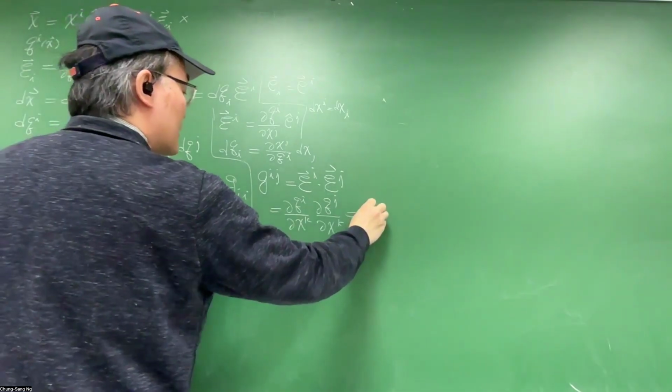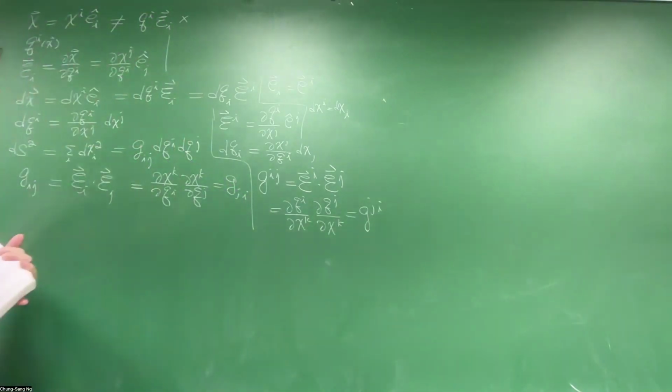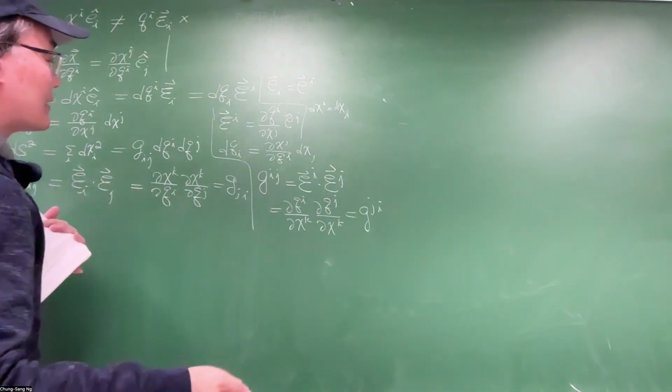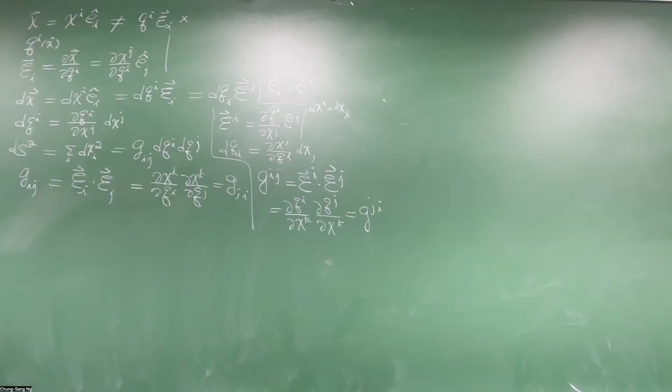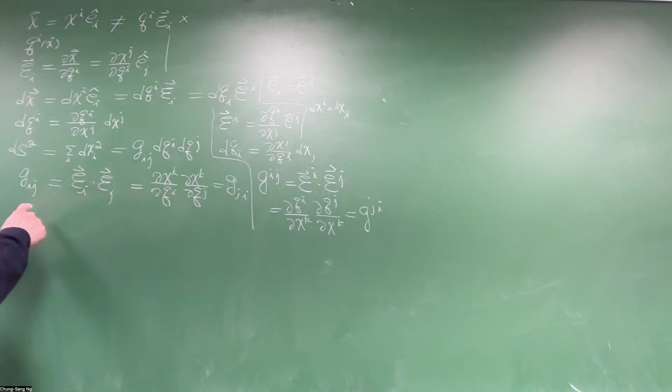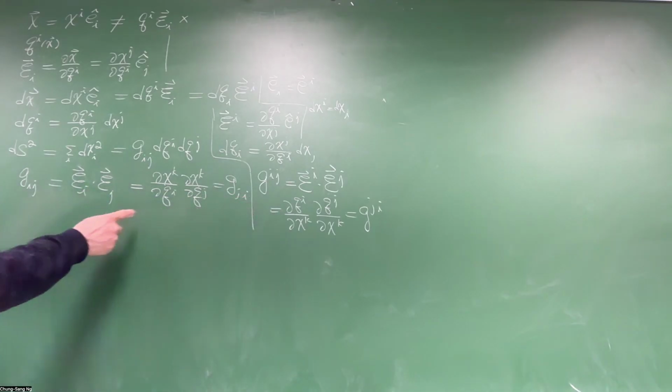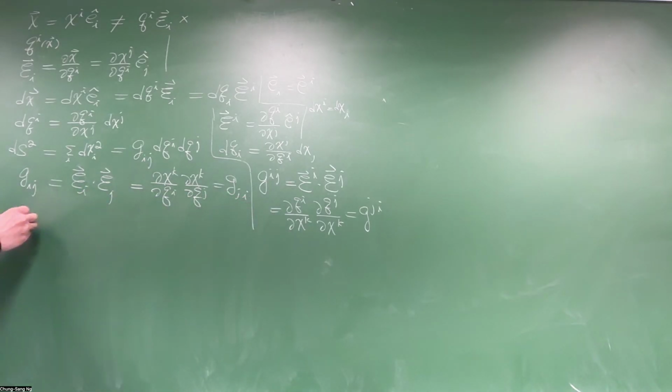So now you define this contravariant metric tensor, and then you look at the property of the relationship between these two. So the idea is you can write either one, that doesn't matter.